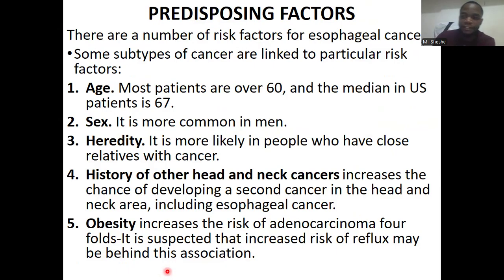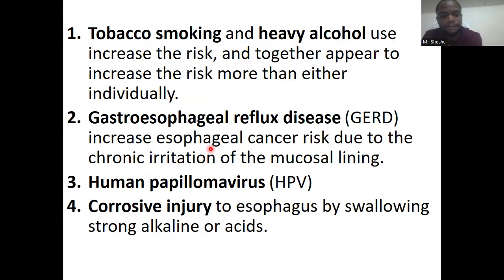Of course, there are various predisposing factors. Obesity, of course, is highly associated with reflux disease. Then history of cancer in the family, sex, more common in males because of poor eating habits and so on. They are the ones most prone to regurgitations and so on.